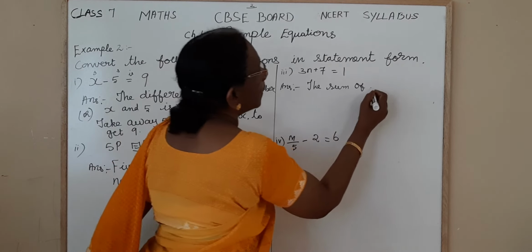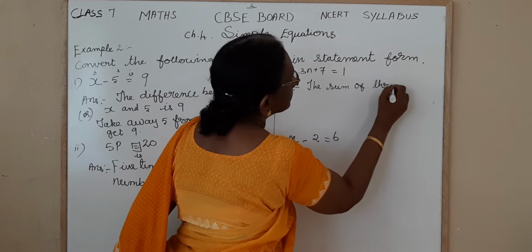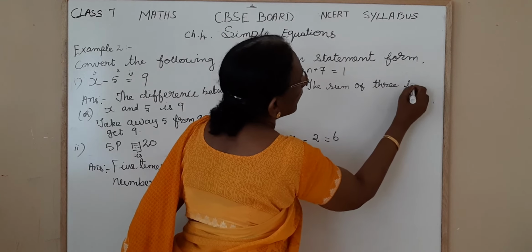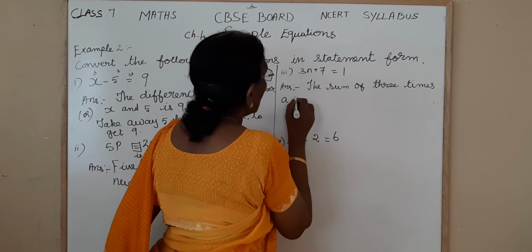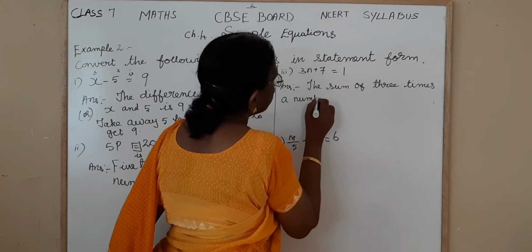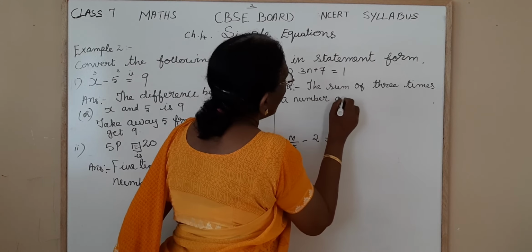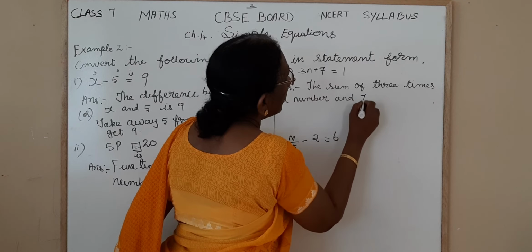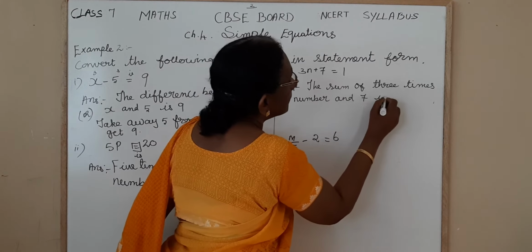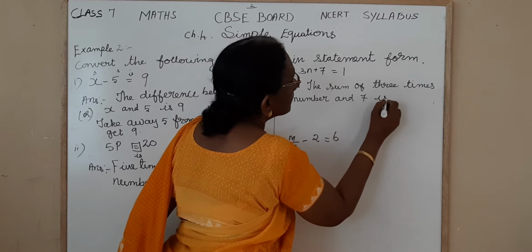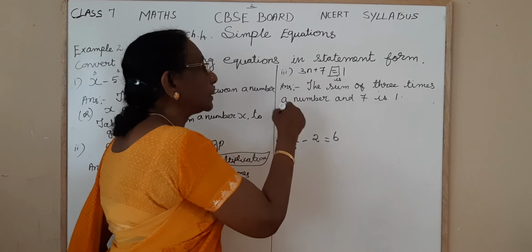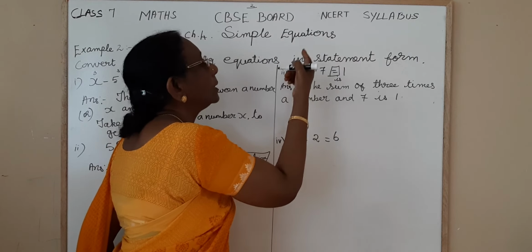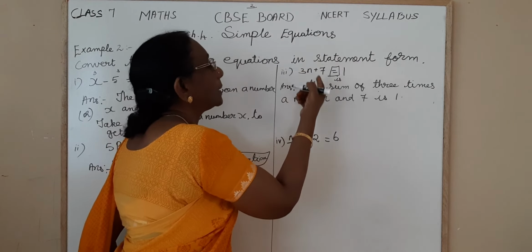So 3n is what? 3 times a number, and 7 equals, is, this is what? Is 1. Is it clear? Or you can write: add 3n and 7 to get 1.